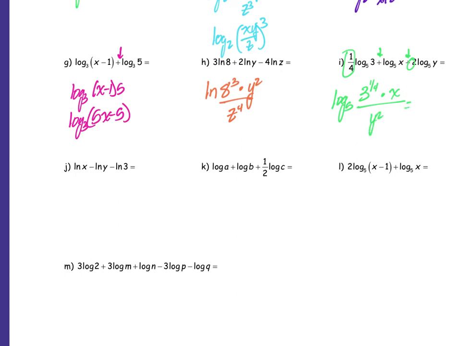And I can also write this as log base 5, the 4th root of 3 times x, all over y squared. Let me just rewrite this down below. Because it's a 4th, that means it's some sort of root, so I can do that. I will accept either answer.